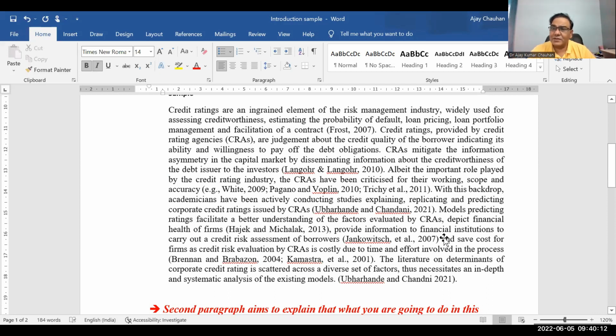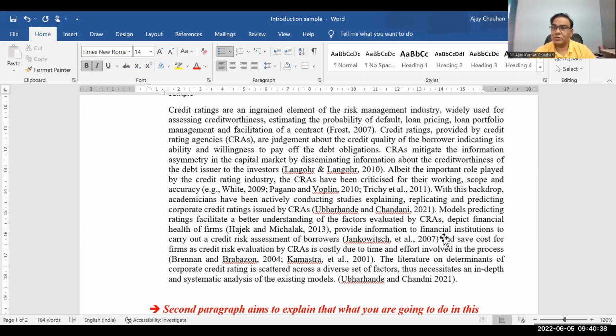And don't write sentences like this topic is very important, this topic is a very hot topic, this topic is the most demanded topic. Don't write these sentences, because these types of sentences irritate the editor. And it is the habit of Indians. In every research paper, they write that this topic is the most important topic for today.